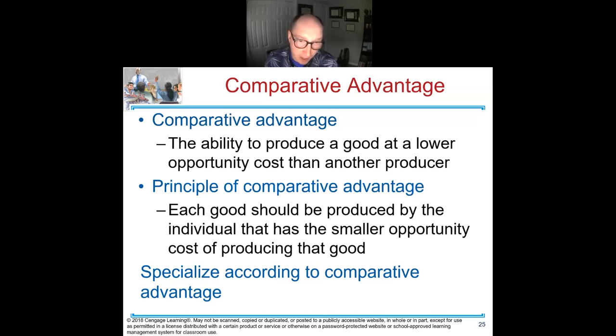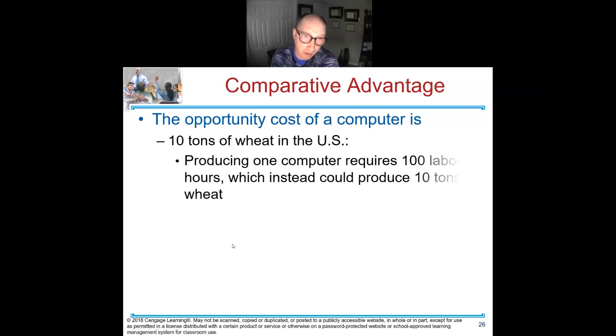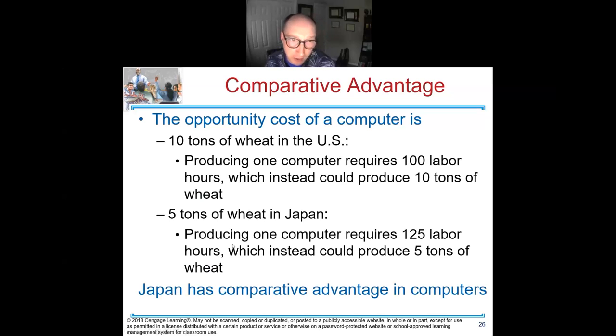Now, in comparative advantage, we look at each good and whether or not it should be produced by the individuals of a similar opportunity cost. But this also represents specialization, right? So with opportunity cost, Japan is an expert at manufacturing computers.